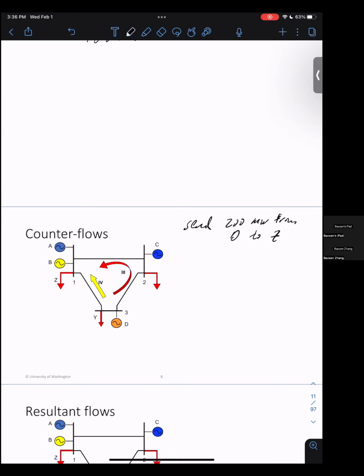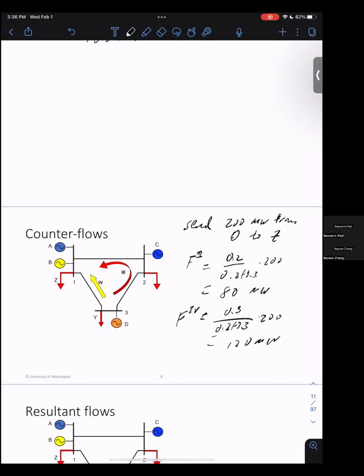And then your flow, this F3, this backflow, will be 0.2 over 0.2 plus 0.3 times 200. This is 80. The other flow will be 0.3 over 0.5 times 200, which is 120 megawatt.